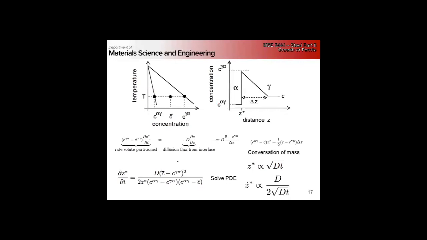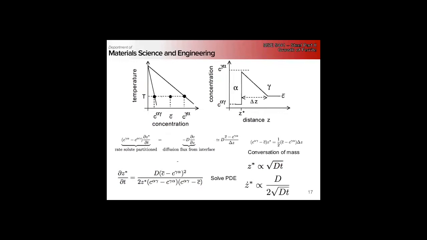So what does this imply? The fact that the thickness of our front goes by the square root of t means that it slows down. You have fast growth at the beginning, slow growth as time goes on.